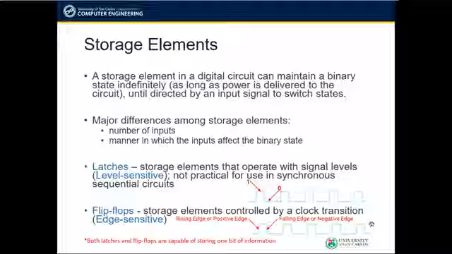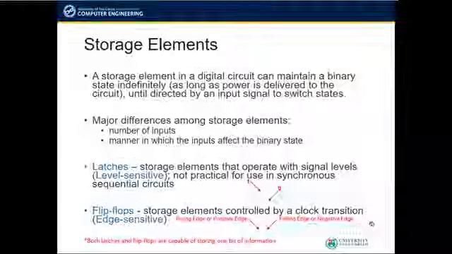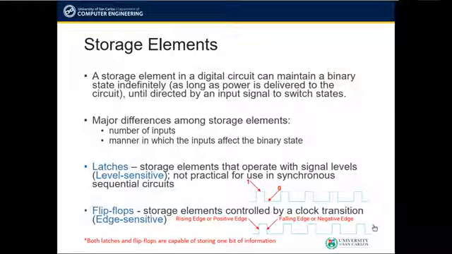Flip-flops, on the other hand, are generally edge sensitive. This means that when considering clock input signals, they operate and are triggered using either of the edges in the signal.